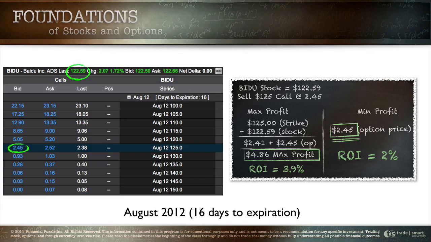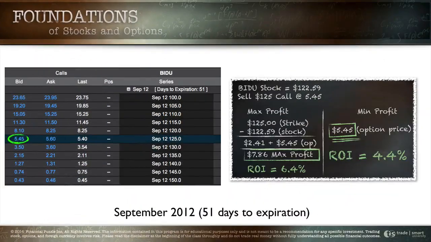What if we made this deal a little bit more involved? What if we went out and we didn't do 16 days to expiration? What if we went out 51 days to expiration? Look at the numbers. Holy cow. We still have the $2.41 per share profit if we're selling the 125 strike price, but that option premium's jumped up to $5.45.